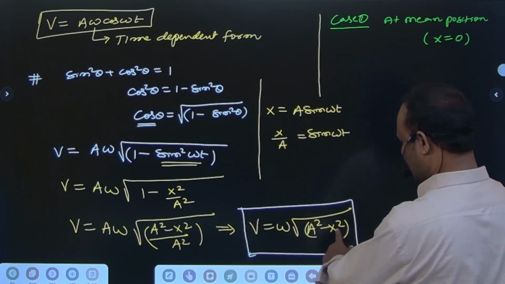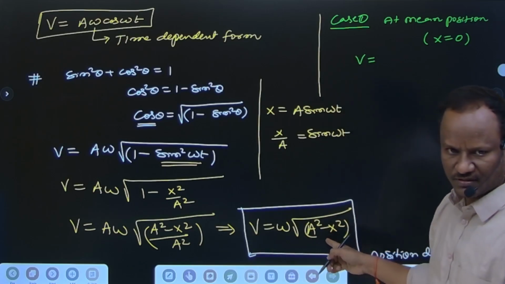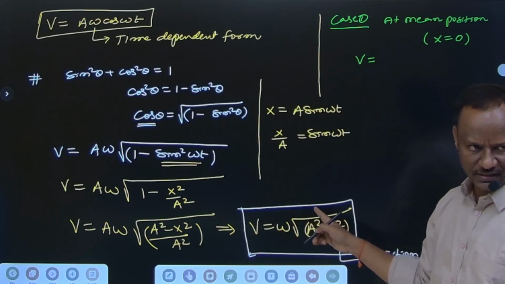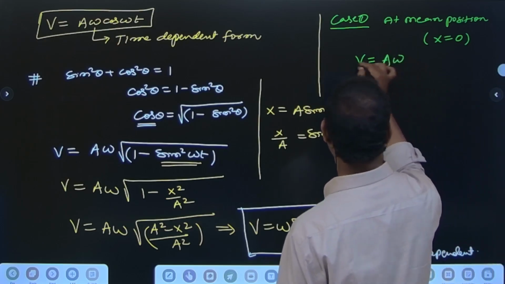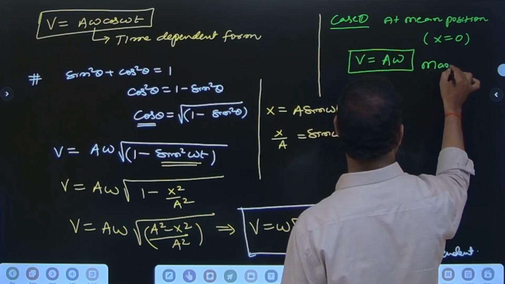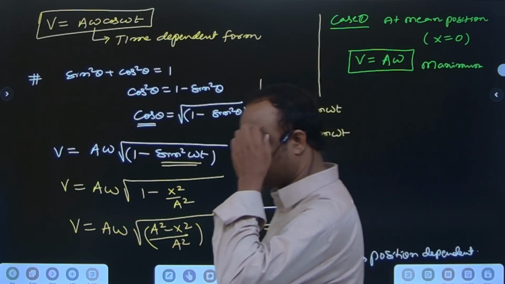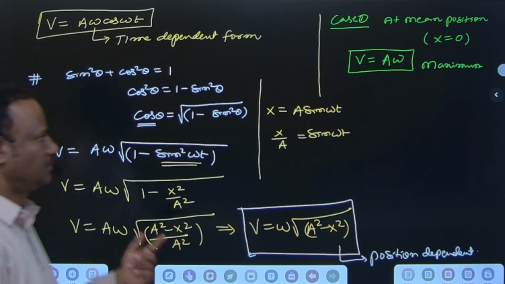In place of x equal to 0, if you substitute, V is equal to omega under root of A square, the square root cancels. V is equal to A omega. This is the maximum velocity. So velocity is maximum at the mean position.